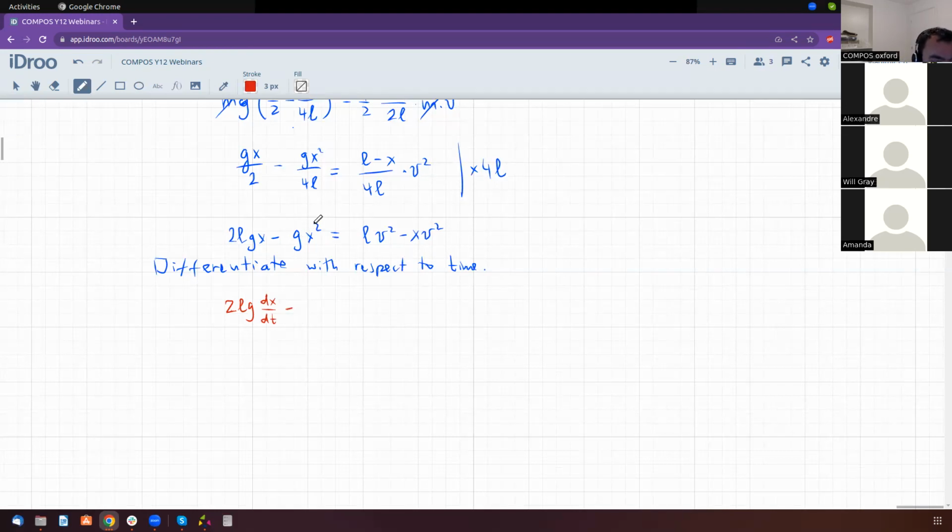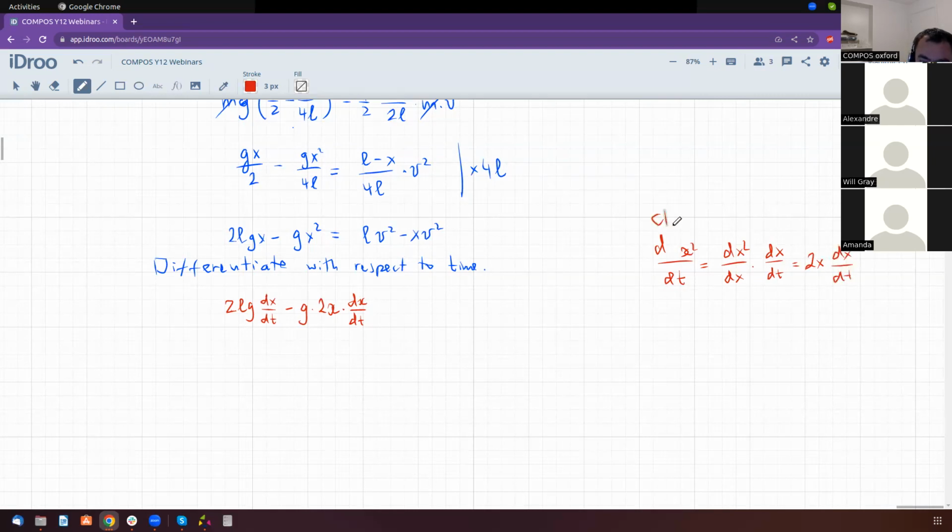Minus. Now this is a chain rule. g is a constant, so it's 2x multiplied by dx/dt. Because d(x squared)/dt can be written as d(x squared)/dx multiplied by dx/dt, which is 2x dx/dt.